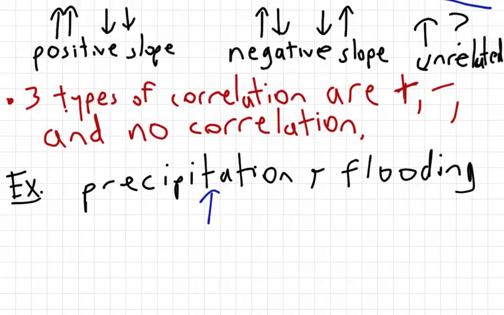I would say as precipitation goes up, flooding goes up. Whereas precipitation goes down, flooding goes down. So these are going to be positive. It's a positive correlation. I'm going to abbreviate that CORR period for positive correlation.